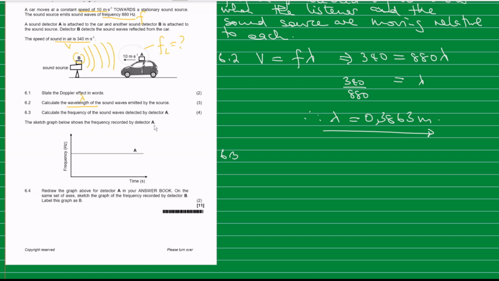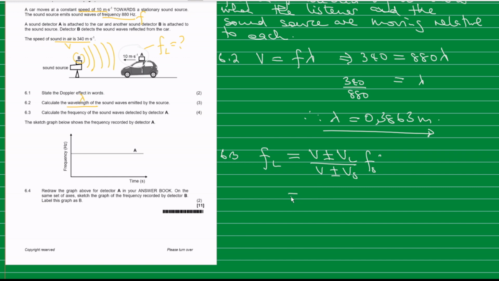So we are now going to use the Doppler equation, which states that FL, the frequency detected by the listener, is equal to V plus or minus VL over V plus or minus Vs times Fs, which is the frequency of the source.